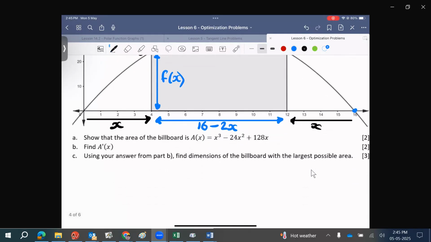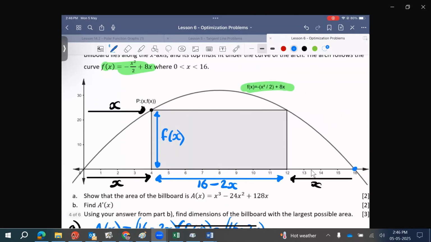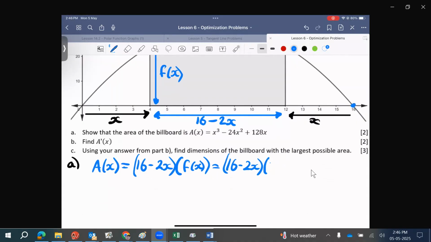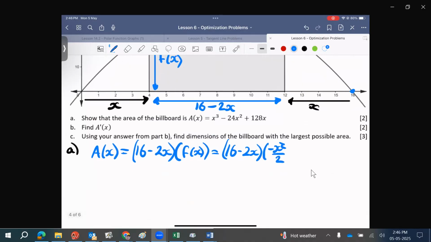So for A, we need to show that the area is this. The area of the rectangle is going to be 16 minus 2x multiplied by f of x, which is 16 minus 2x, and f of x is given up here as minus x squared over 2 plus 8x.